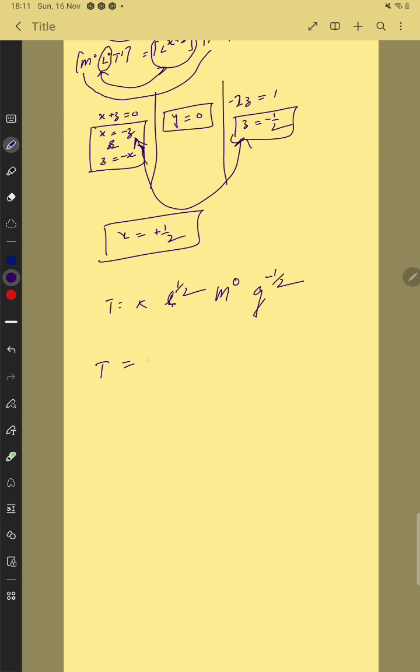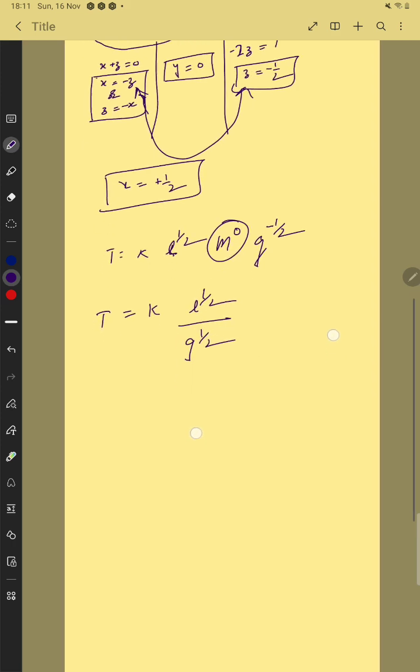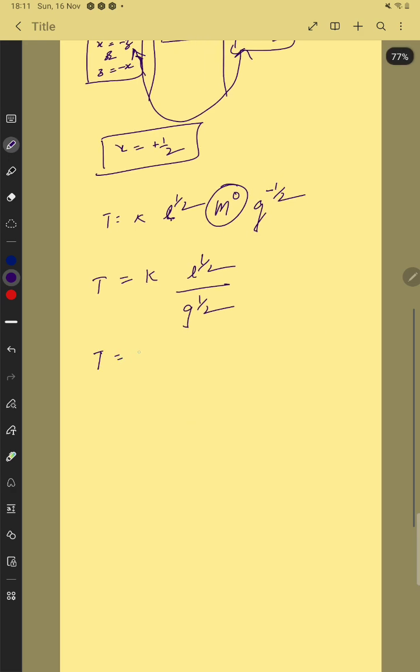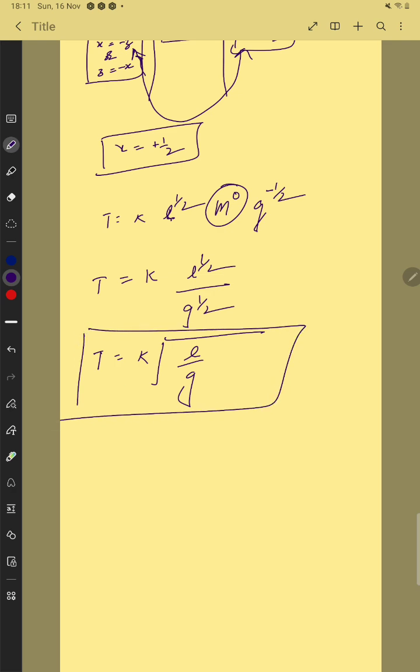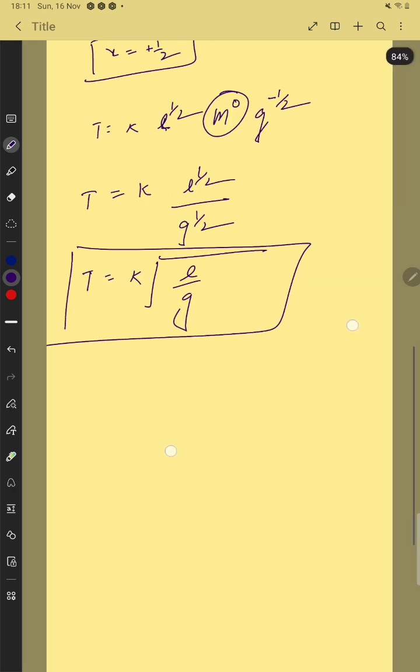So T is equal to k, L^(1/2), M^0, where anything to the power 0 is 1, and g^(-1/2), where the negative sign moves it to the denominator. So T equals k root of L by g.